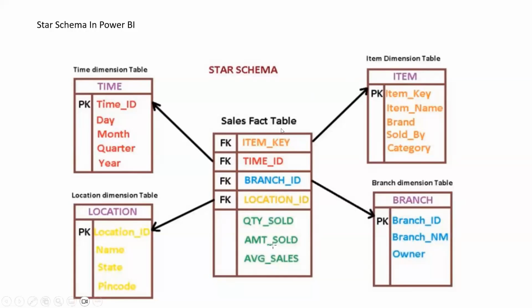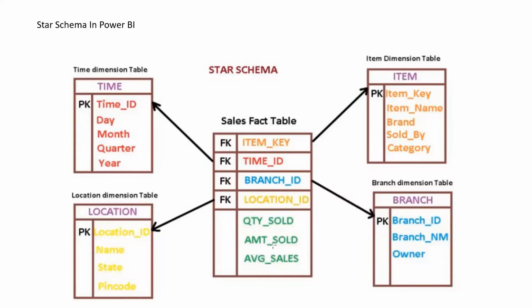So centrally, there is a fact table surrounded by multiple dimensions. Okay, surrounded in the sense rounding off, circle-wise multiple dimensions. And all the dimension tables, if you are observing, are directly connected to the centrally located fact table.